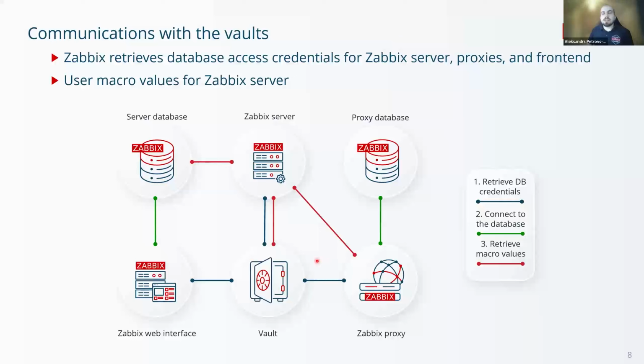And in this case, the only component which will be getting the secret macro values from the Vault will be Zabbix server. And later on, Zabbix server, basically on demand, will share the secrets with the proxy, right? So this is a bit of an exception. Otherwise, each component can very much separately get their own related data in terms of how to connect to the database.